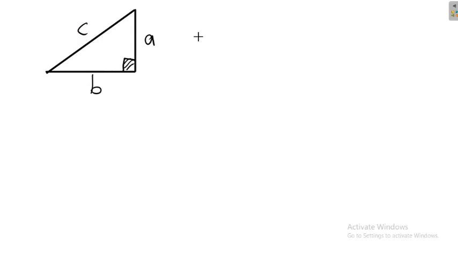Now we can move forward to our lesson, which is the Pythagoras theorem. What's the Pythagoras theorem? Pythagoras theorem says that if you have a right-angled triangle, so the Pythagoras theorem is only for right-angled triangles, and this side we call A, this side we call B, this side we call C. A is perpendicular to B. This sign is called perpendicular.